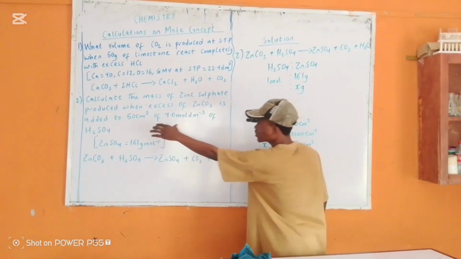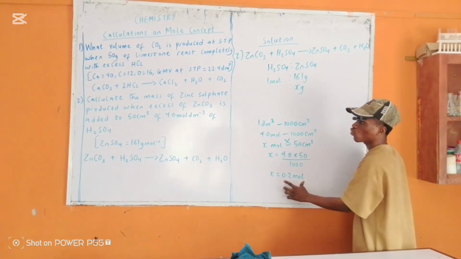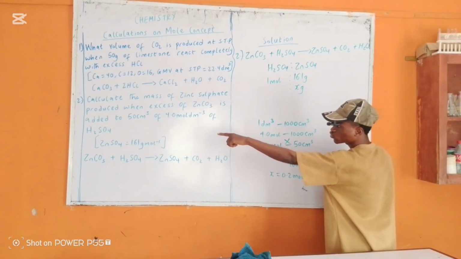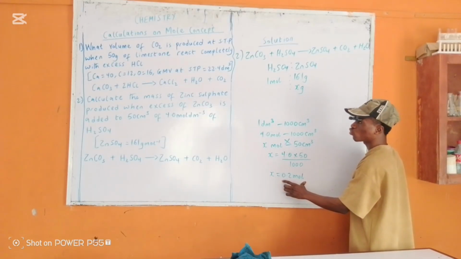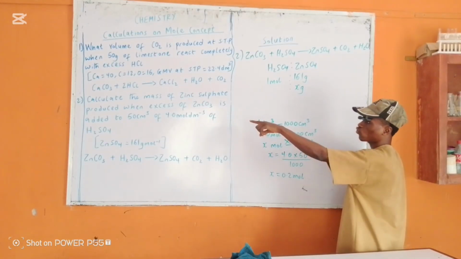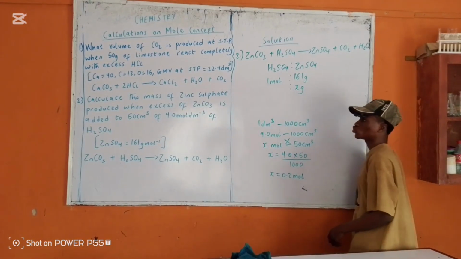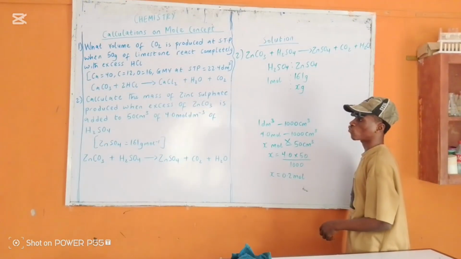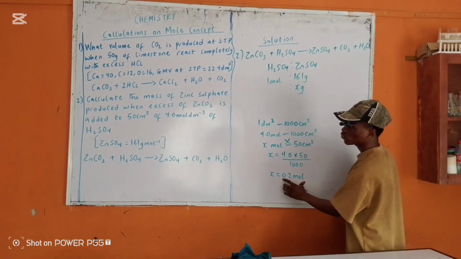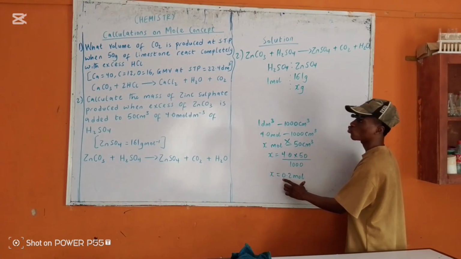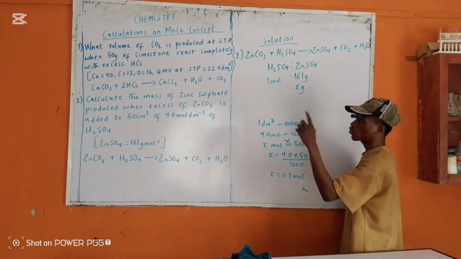We have 50 cm³ of 4.0 mol/dm³ of H2SO4, and what this means is 0.2 mole of H2SO4 in 50 cm³ of the solution. So our value here is 0.2 mole of H2SO4.